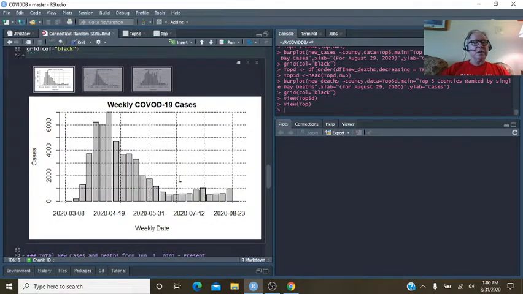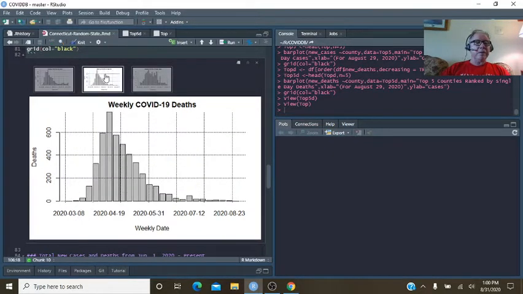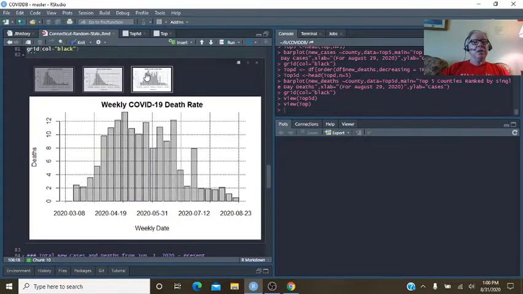Weekly cases well below 1,000. Weekly deaths below 200, and the weekly death rate is still below 2%. So I'm going to give Connecticut an A minus for their numbers through August 30th.